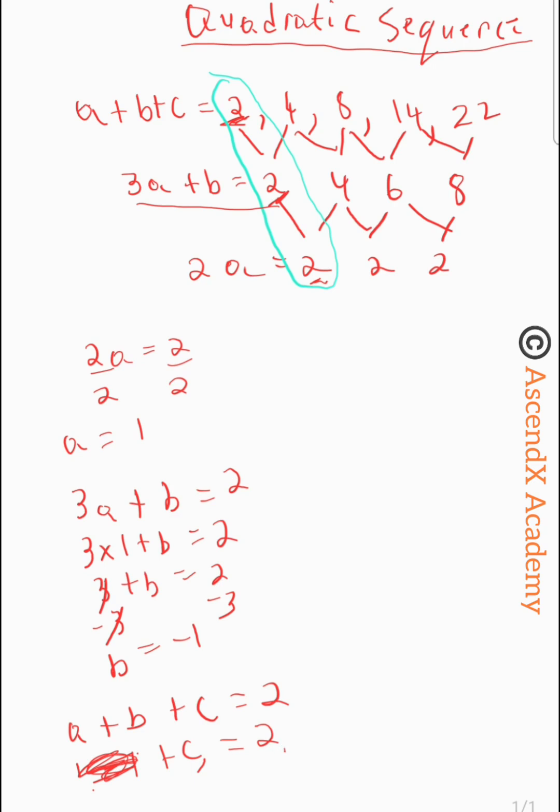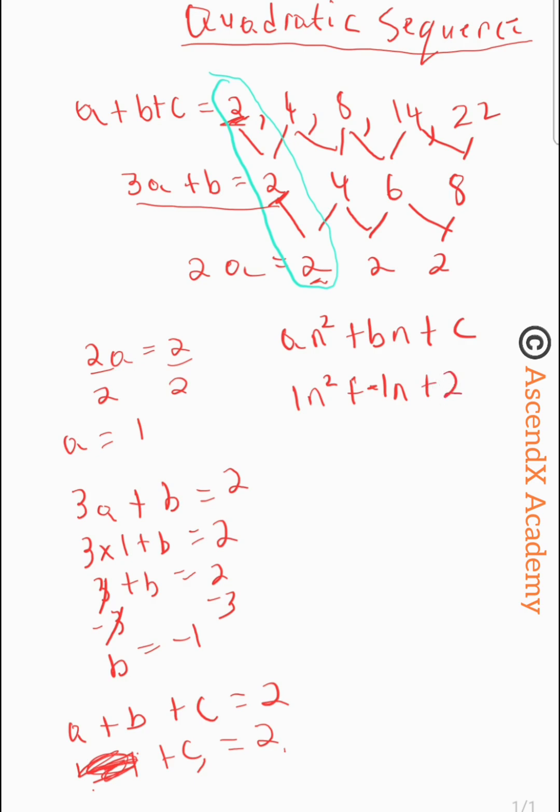So we have solved for everything, and we know that the quadratic formula takes the form an squared plus bn plus c. So we simply now substitute the values. So the value of a is 1, so it's 1n squared plus negative 1n plus 2.